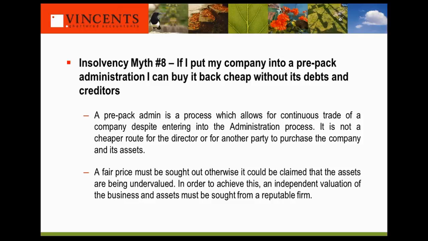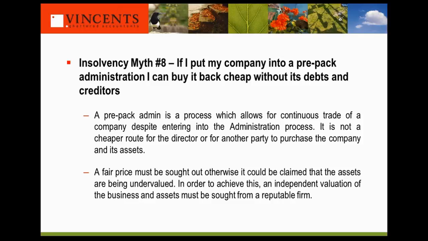However, there is a misconception that the director can actually buy those assets basically for a bargain and continue trading without any of the obligations they had. Unfortunately, they still need to pay a fair market price for those assets.